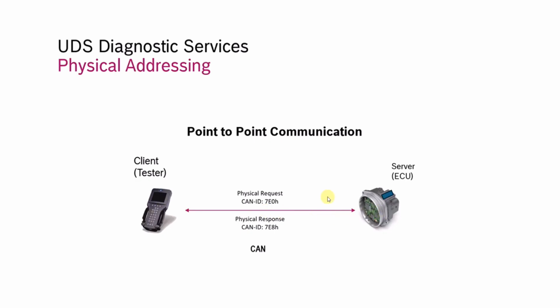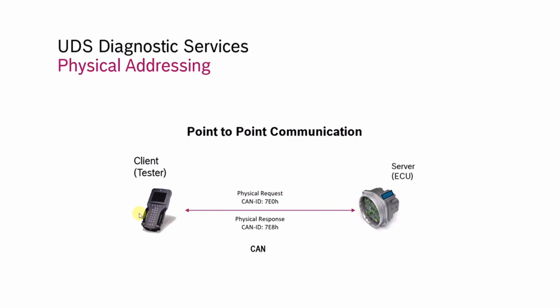That is the physical request, CAN ID 7E0. 7E0 is particularly related to the powertrain system, and the underlying protocol is CAN. In turn, it will send a response to us with CAN ID 7E8, which is again the response CAN ID for powertrain. So I send a request, and the ECU processes and checks and sends a response back.